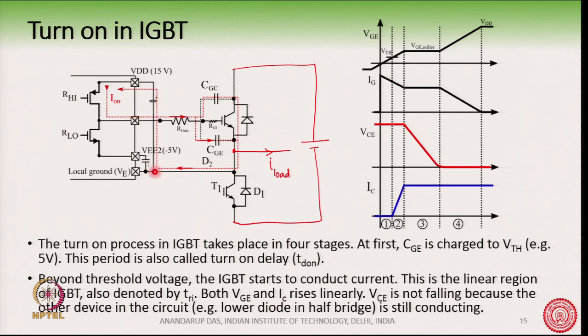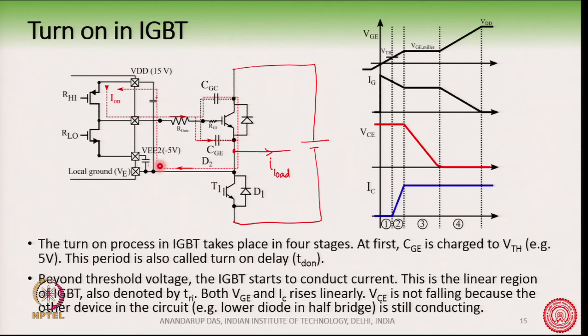This point here, we say it is a local ground. This is basically connected to the midpoint or to the emitter of this IGBT. So, this is a local ground, it is completely isolated from the controller ground. We assume that this point's potential is 0.